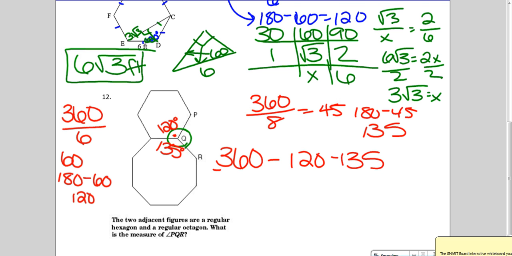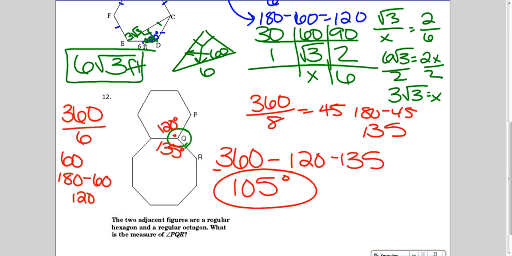So that means that angle is 105 degrees. So the measure of angle PQR is 105 degrees. And then we can go on to the next page.